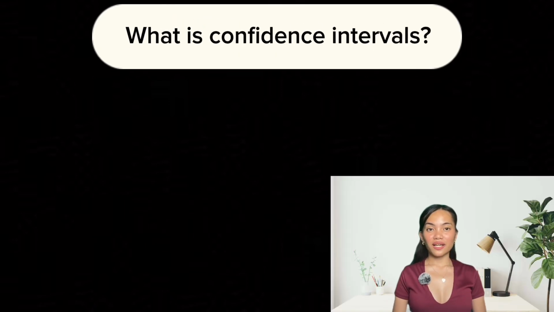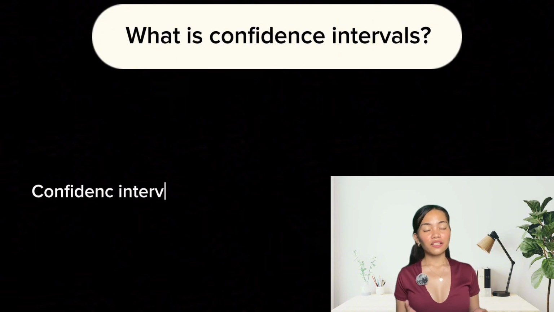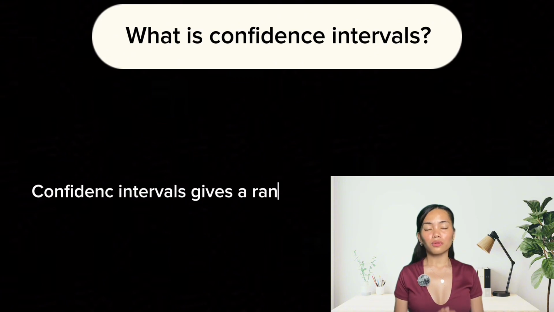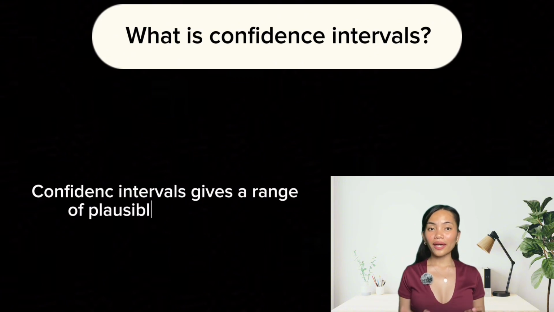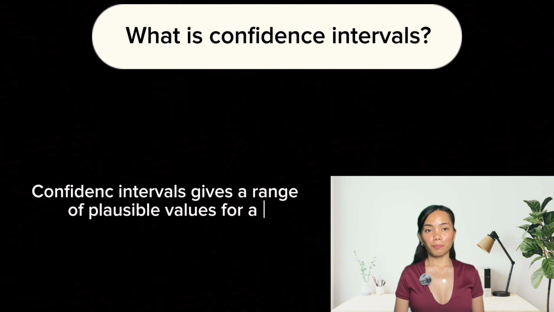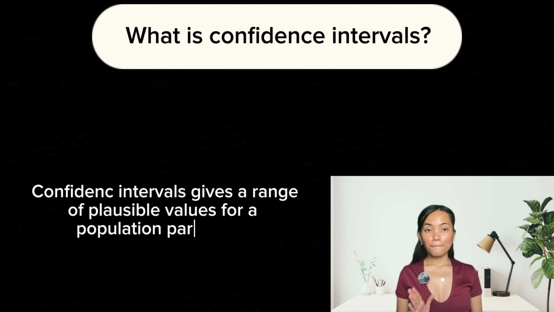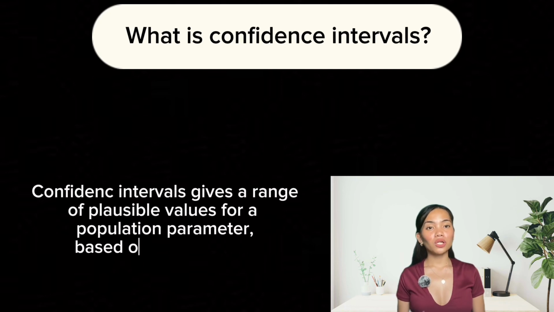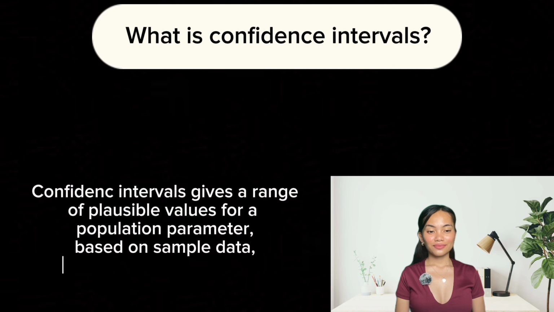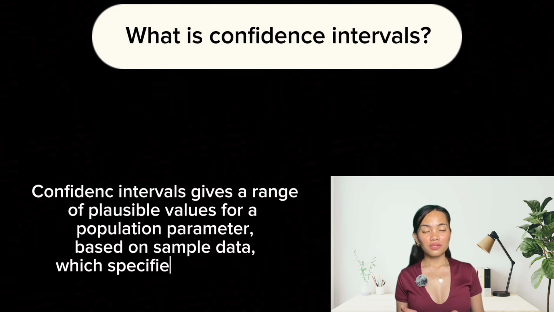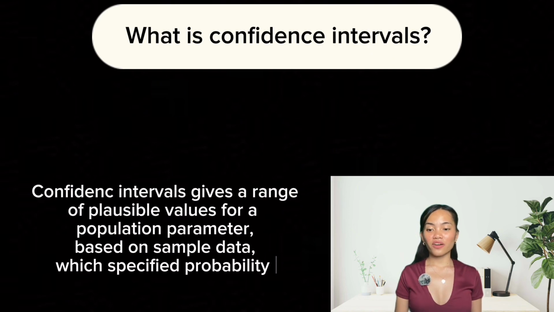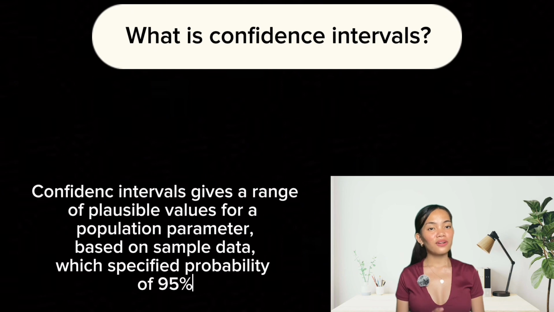What is a confidence interval? A confidence interval gives a range of plausible values for a population parameter based on sample data, and also with a specified probability of 95%.